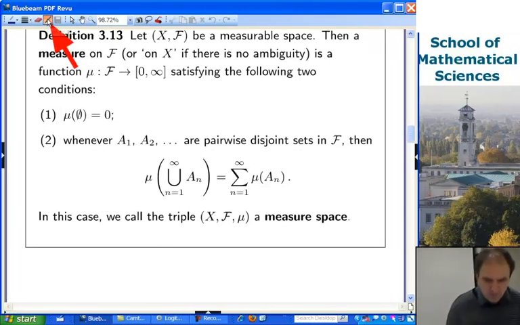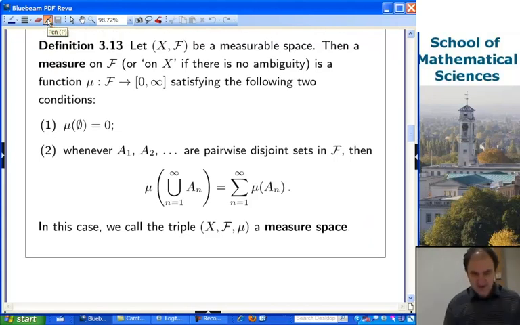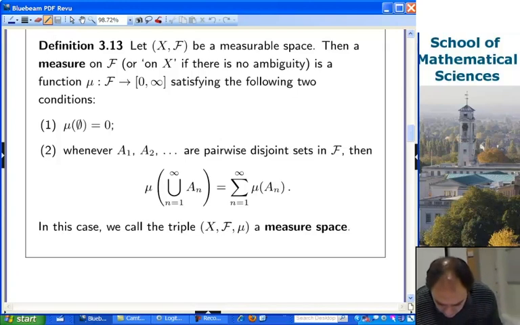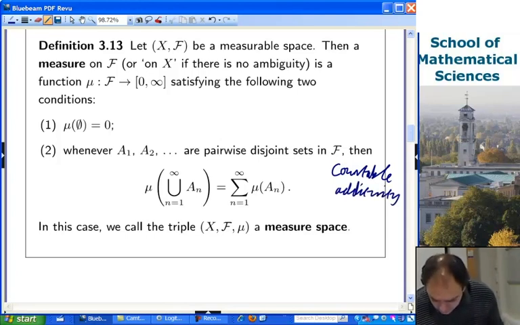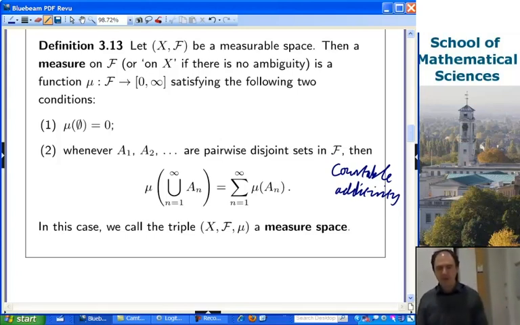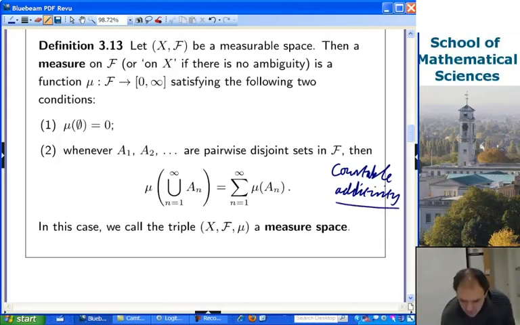Okay, so how do we describe this second condition? Describe this second condition as countable additivity. That means if you've got countably many pairwise disjoint sets, and I'll just remind you what that means, no pair of them meet.